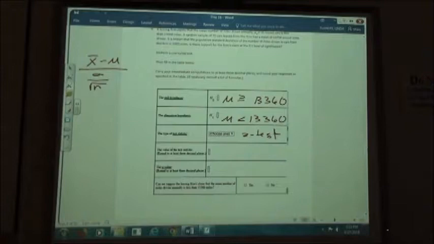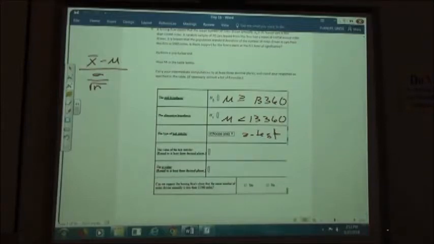So on this one it says the sample mean is what number? So in my sample, what is the mean? That's the n, that's the number that we sampled.